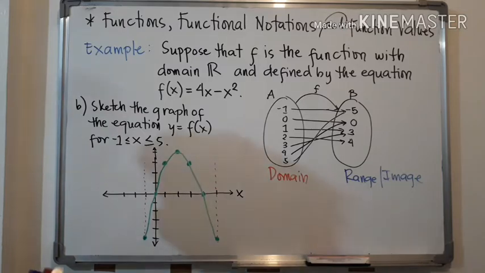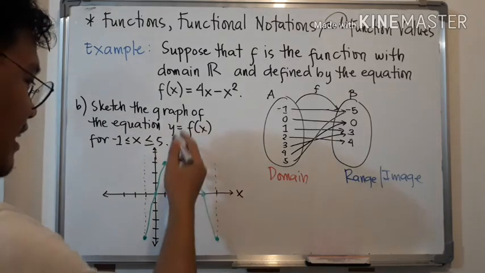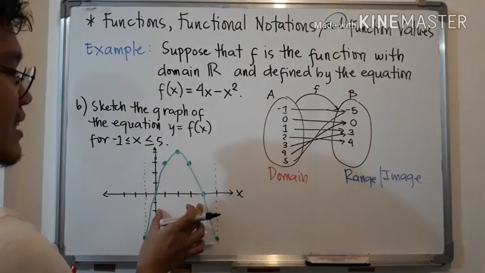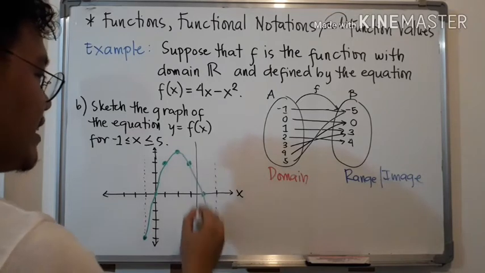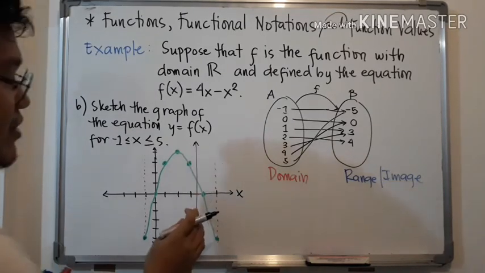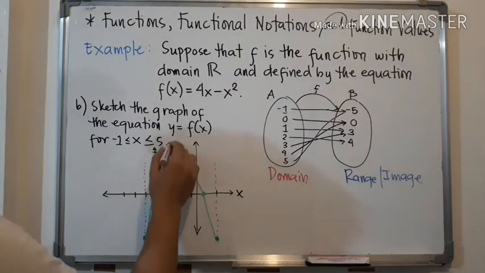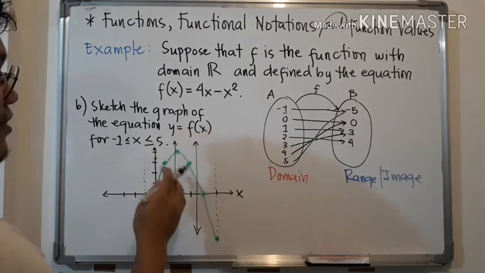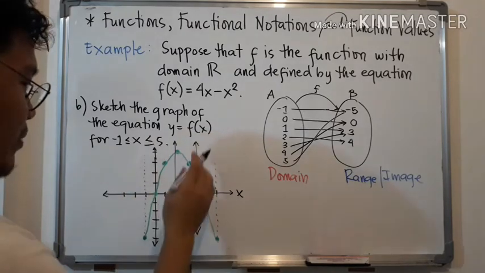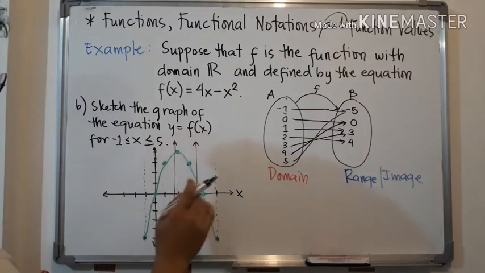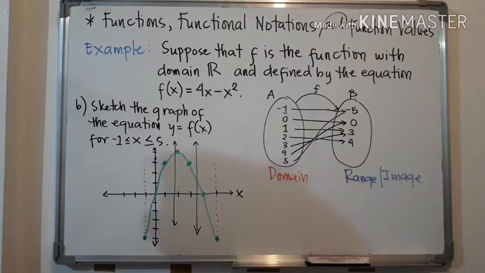We draw a vertical line anywhere on this set of x's. If we draw a vertical line here, it intersects the graph at one point only. If we draw a vertical line here, again it intersects the graph at one point. Anywhere on these x values, the vertical line intersects the graph at exactly one point. And that's what makes the relation a function.